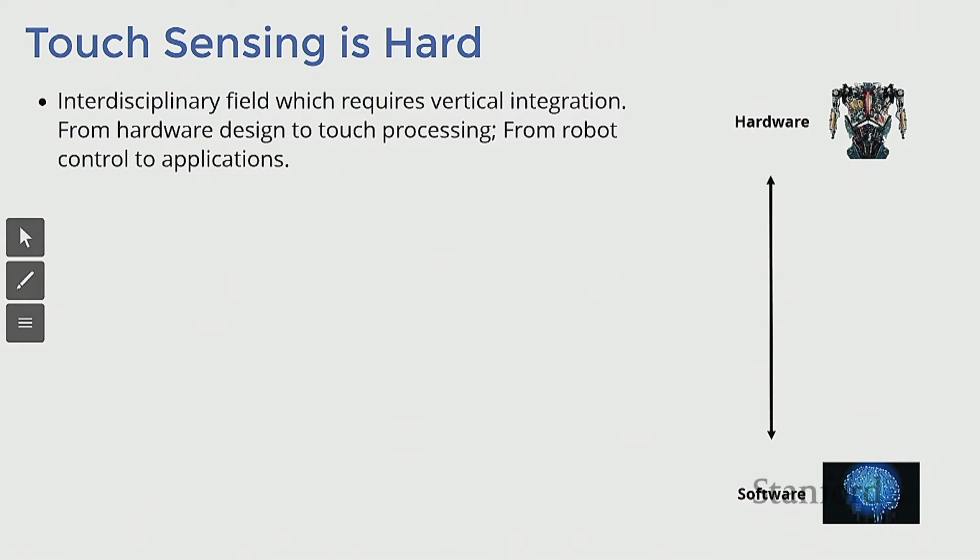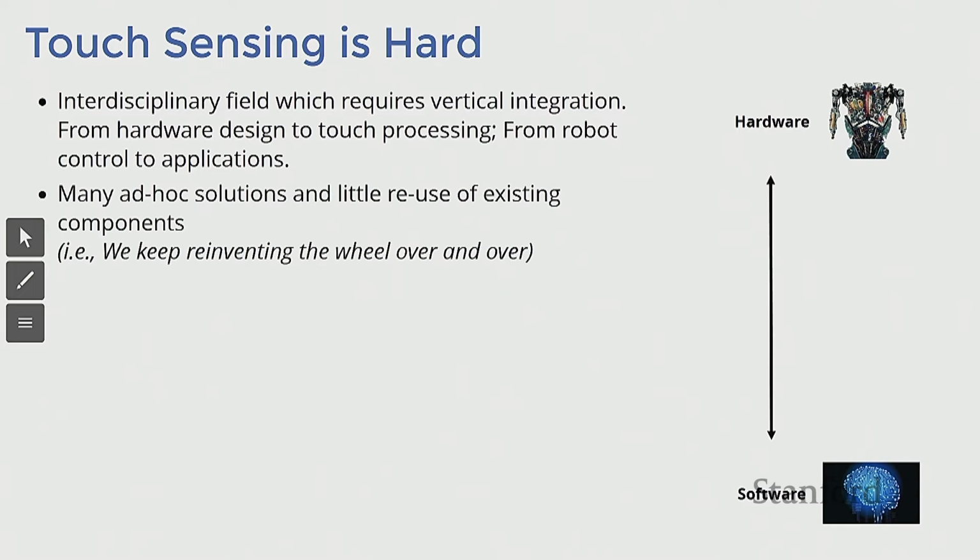And what historically has been happening is that different labs have been focusing at different levels of this vertical integration, but it has always been very difficult to integrate these different levels, and historically very difficult to reuse solutions that were often ad hoc to build on top of this something that is more meaningful.